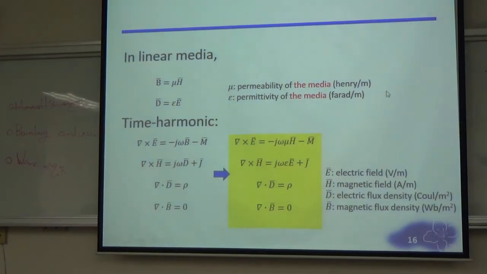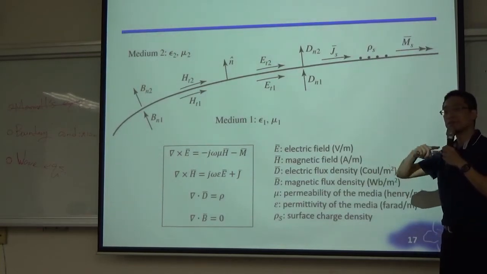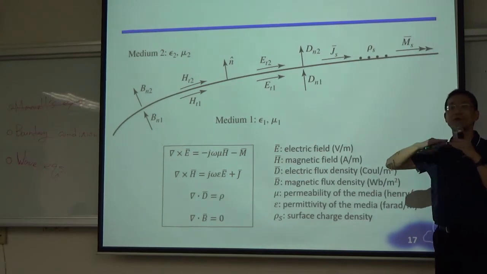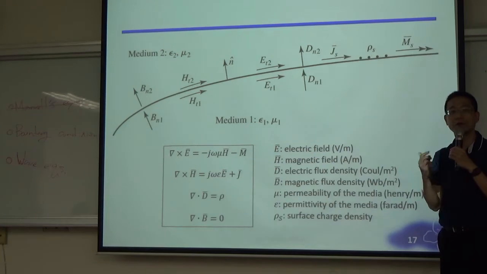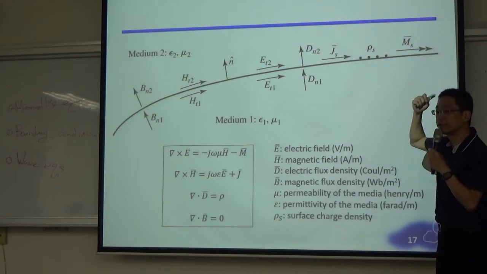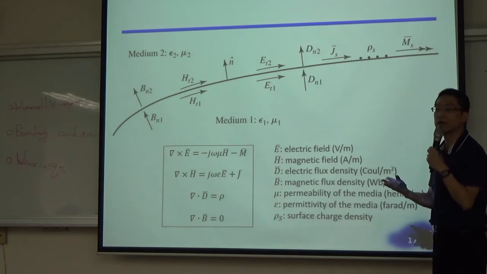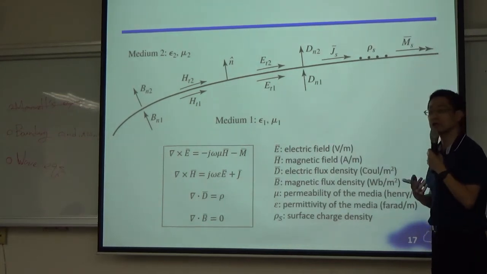B equals mu H and D equals epsilon E. So this is about what the material is. And what happened on the boundary? It is not a regular boundary, not just a line. We need to calculate the result for all the cases. Because we already know the knowledge of vectors, we can write an equation for all the conditions. The more the better, the general cases.